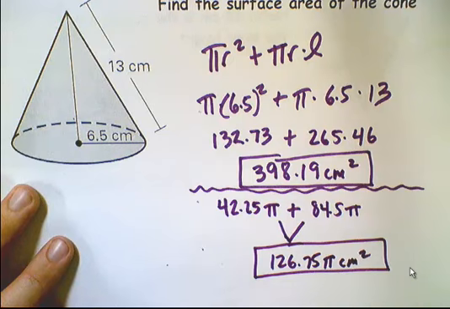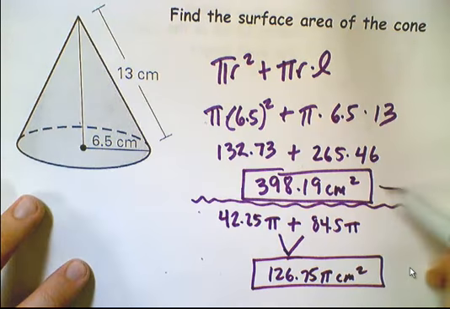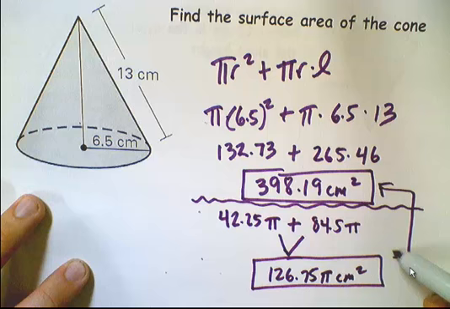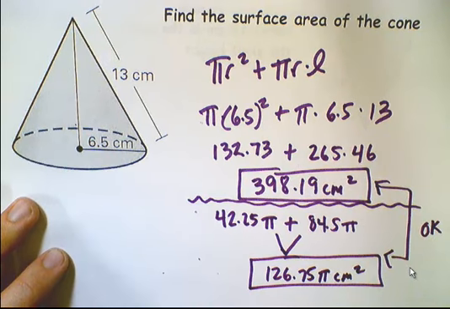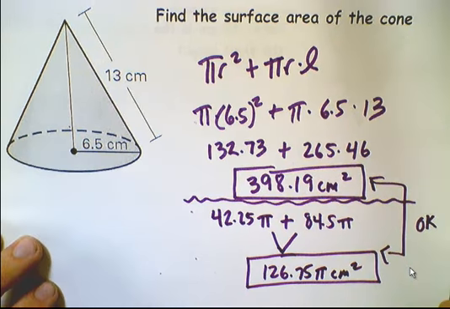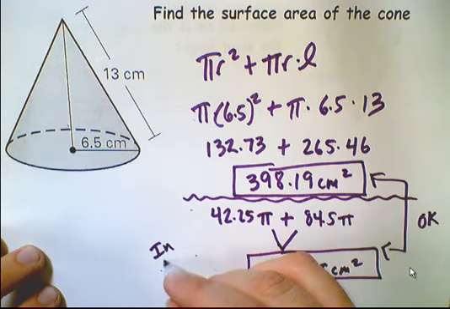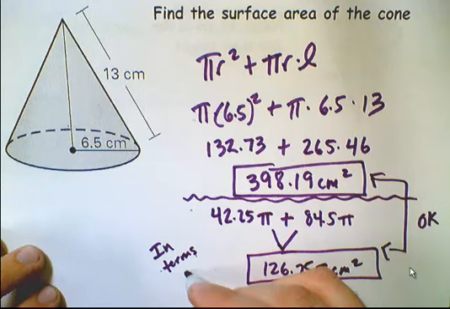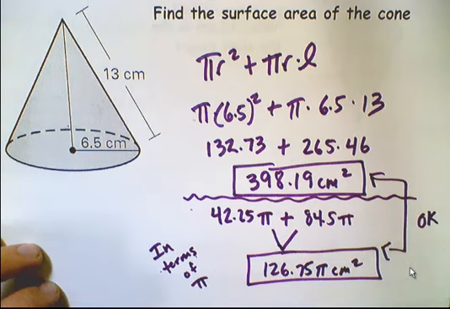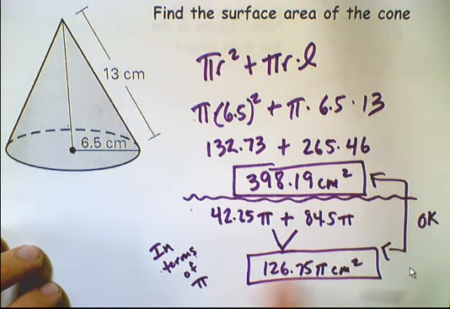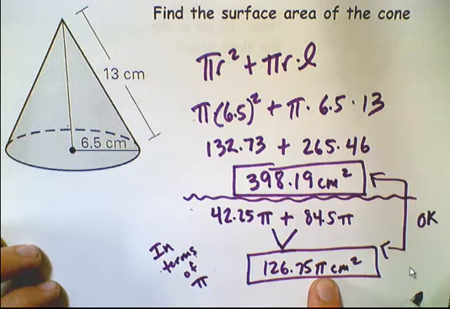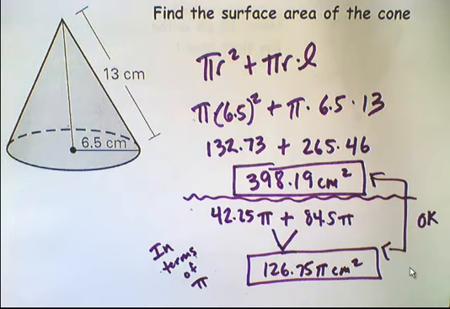And remember, either one of these is okay to use. In terms of pi is going to be seen like on the ACT test. They may have you just not calculate out the pi. That is possible. So just be aware of that.